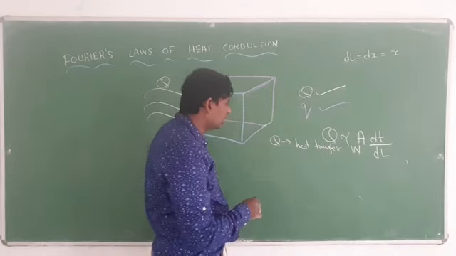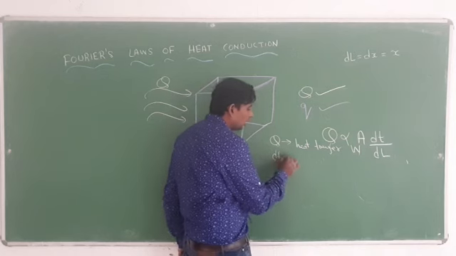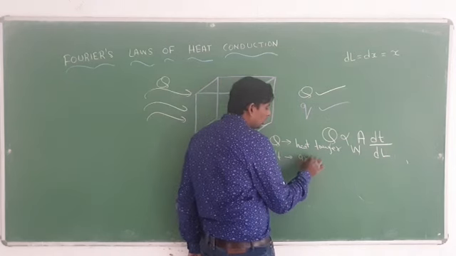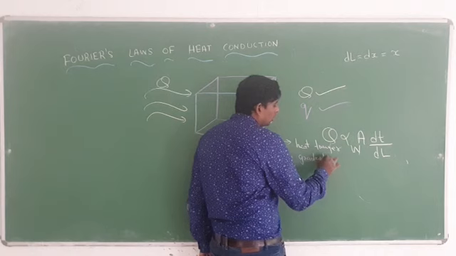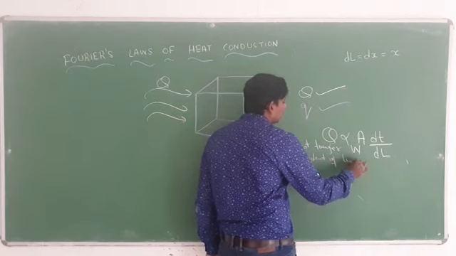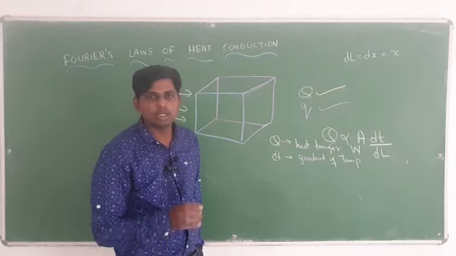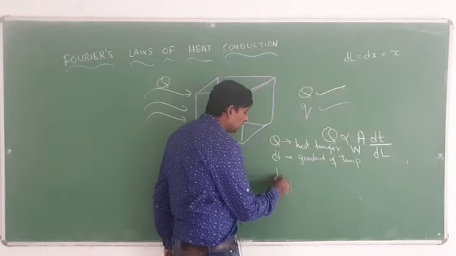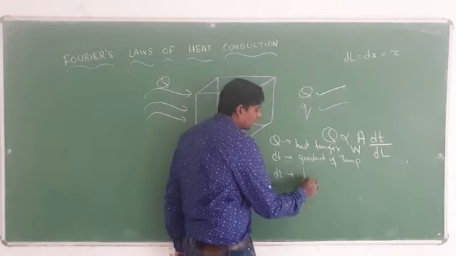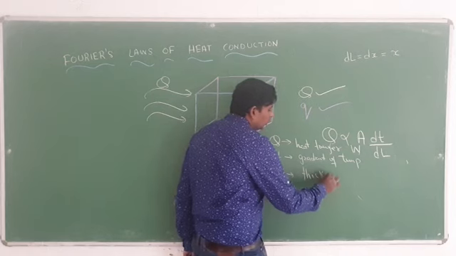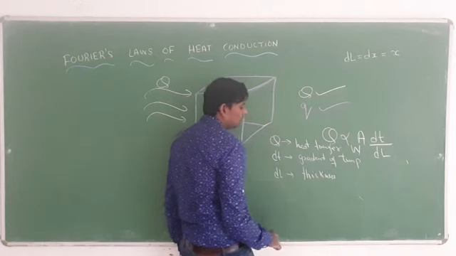Next one is dT. dT stands for gradient of temperature, and dL stands for thickness.